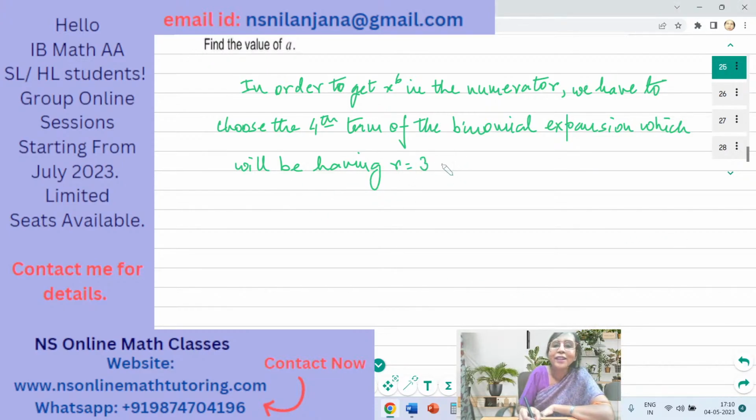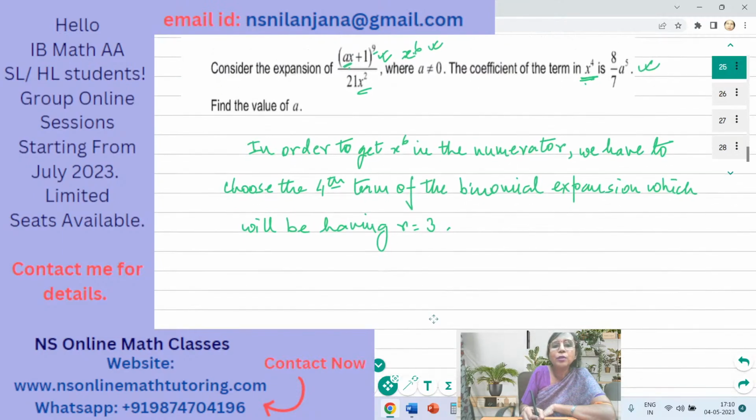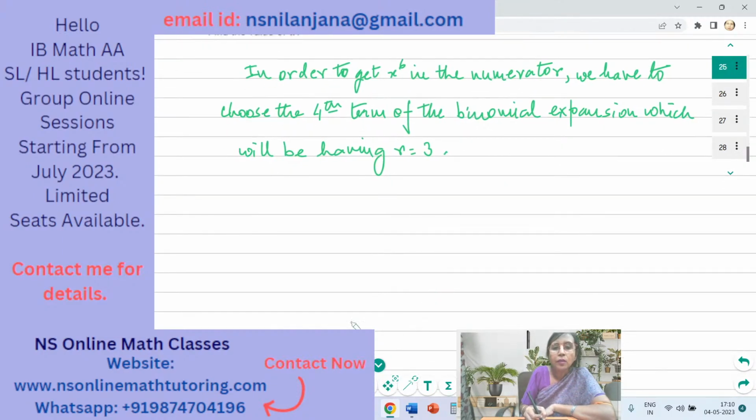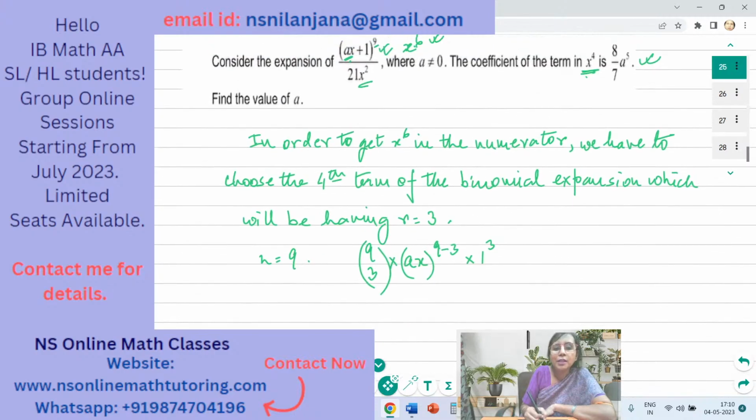Therefore, now we know r equal to 3, and what is n? n is equal to 9. Therefore, it will be 9C3 times ax to the power of 9 minus 3 times 1 to the power of 3, because you can see the expression is ax plus 1 whole to the power of 9.